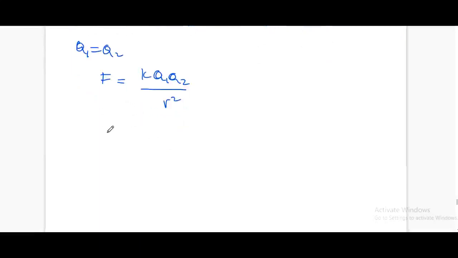Because of this fact, F is going to be kQ1Q1 over r squared. So here it is Q1 all squared divided by r squared.